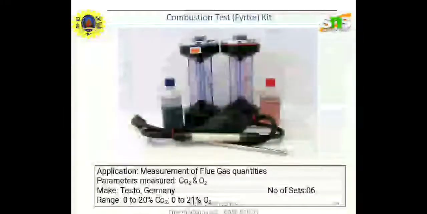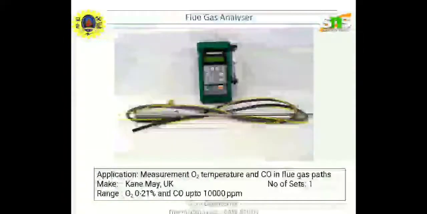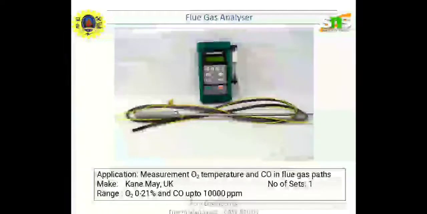It's a combustion test, a measurement of flue gas quantities. The parameters are carbon dioxide and oxygen, and the range is 0 to 20% carbon dioxide and 0 to 21% oxygen. It's a flue gas analyzer, a measurement of temperature and carbon dioxide in flue gas paths.